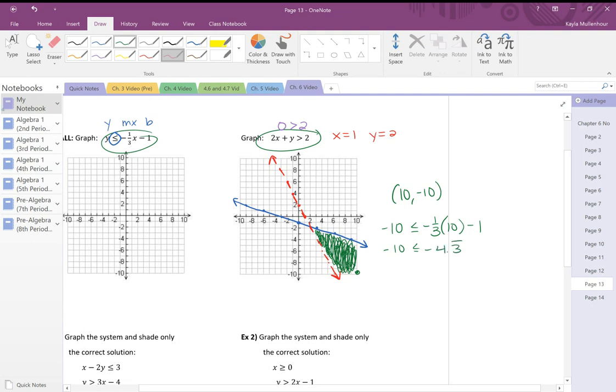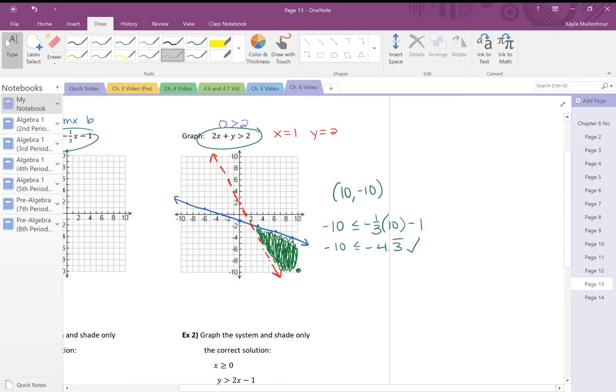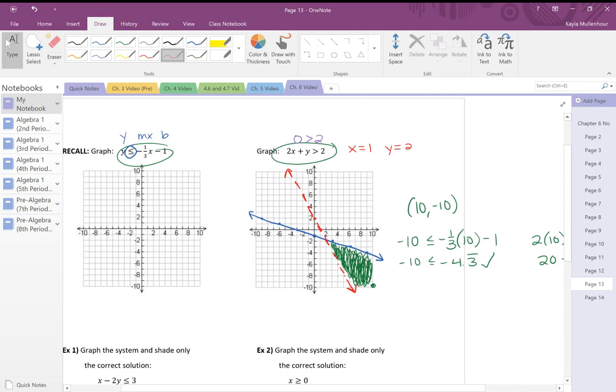Guess what? -10 is less than that. If I plug it into the second inequality, 2 times x plus y, is that greater than 2? I get 20 minus 10, which is 10. And so, yes, that green point worked in both of those inequalities. Any point outside here, if I would choose this point up here, like 6, 7, that would only work in the second inequality.